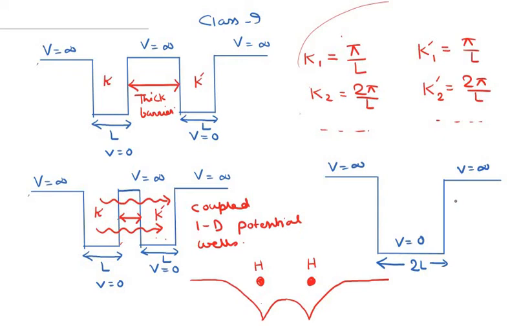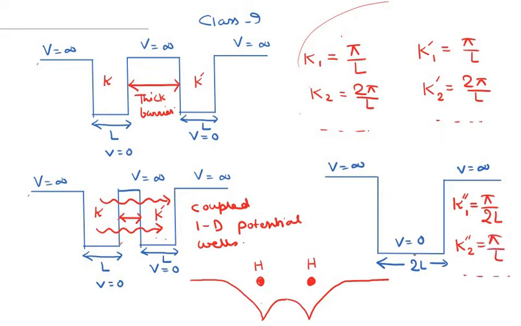Now the k states can be written as k double dash: the first state k1 double dash equal to pi by 2L, the second state k2 double dash equal to pi by L, and so on.